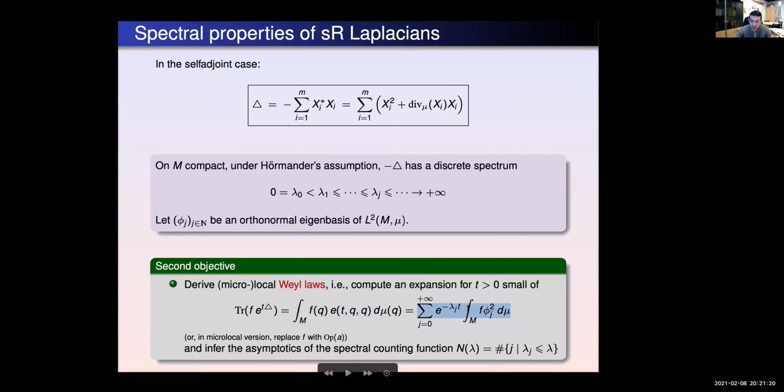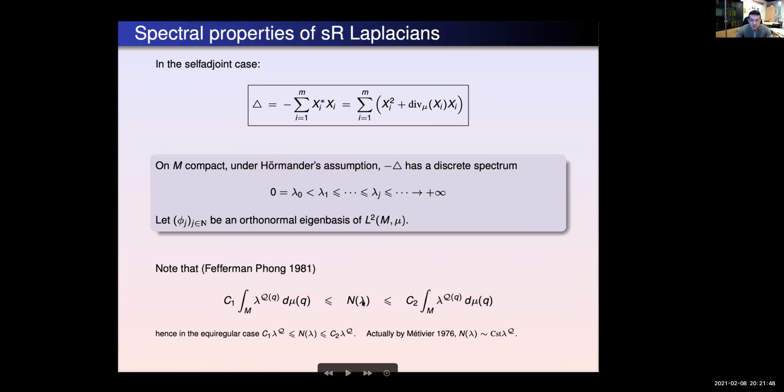You would like to be able to compute an expansion for small times of that. And from that knowledge, thanks to general theorems like the Karamata Tauberian theorem, you will be able to infer the asymptotics of the spectral Weyl counting function, which is the number of eigenvalues less than lambda.